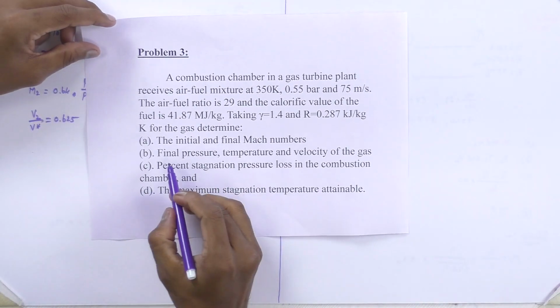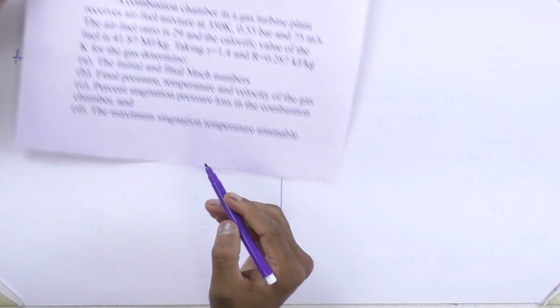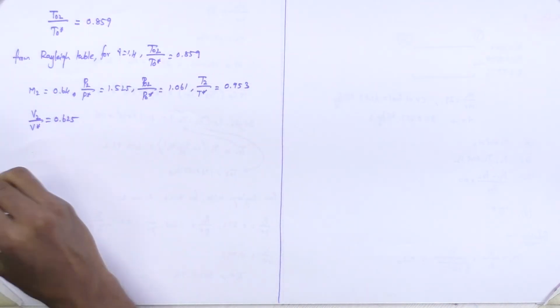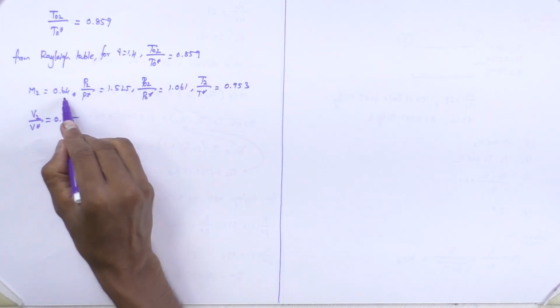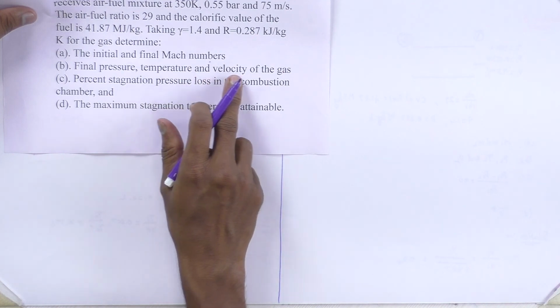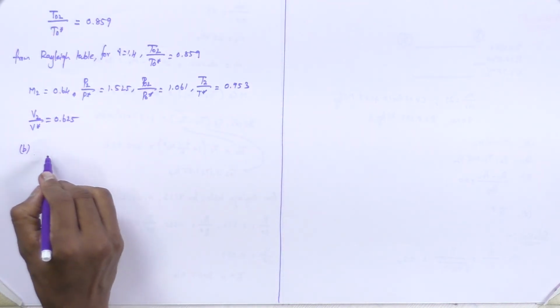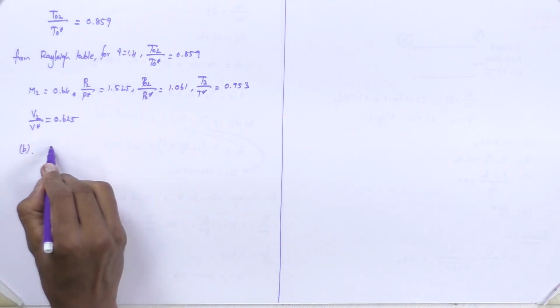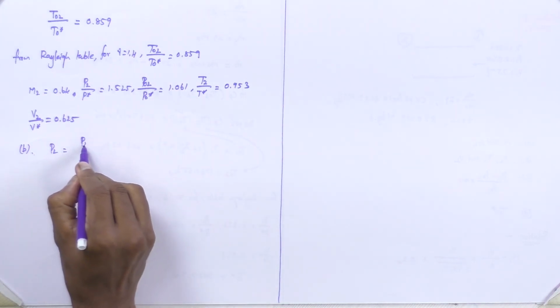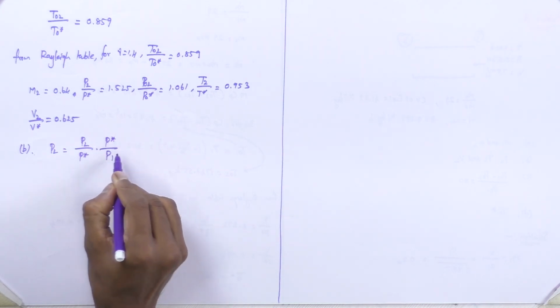In option 1 they asked us to calculate the initial and final Mach numbers. We already calculated the M1 Mach number, and here we have calculated the M2 Mach number. Then we need to calculate the final pressure, temperature and velocity of the gas. Using these ratios, P2 is equal to P2 by P star into P star by P1 into P1.